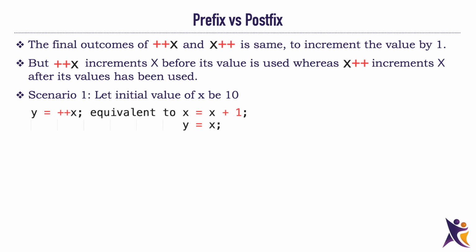If you see the order of these two statements, we are incrementing the value of x by 1, and then we are assigning the value of x to y. Initially x is equal to 10. After executing the first statement, x equal to x plus 1, the value of x will be 11, and that value 11 will be assigned to the variable y. So the values after executing y equal to plus plus x are x equal to 11 and y equal to 11.